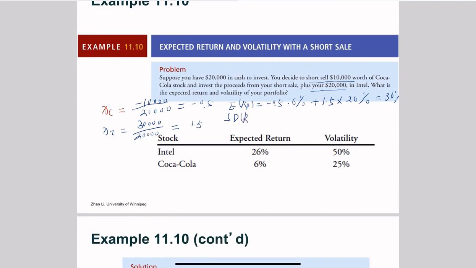Okay, now volatility, right? So volatility of the portfolio equals the square root of the variance, which is minus 0.5 squared times Coca-Cola's volatility squared, which is 0.25 squared, plus Intel's portfolio weight squared, which is 1.5 squared, times Intel's volatility squared, which is 0.5 squared.